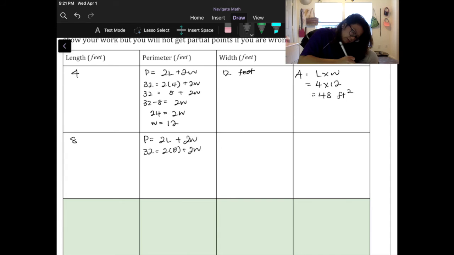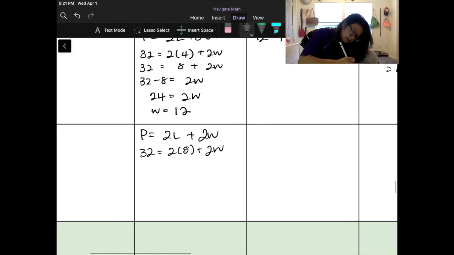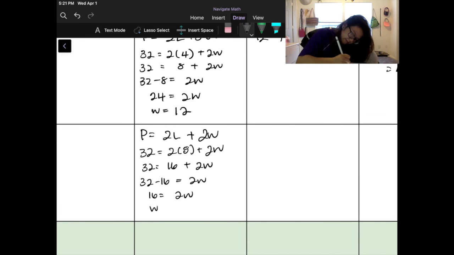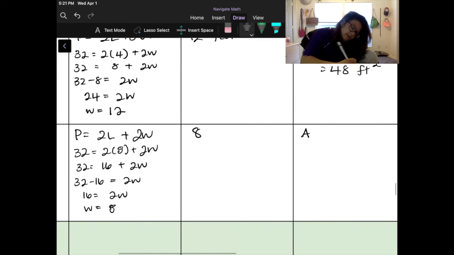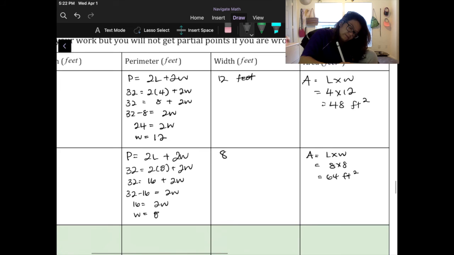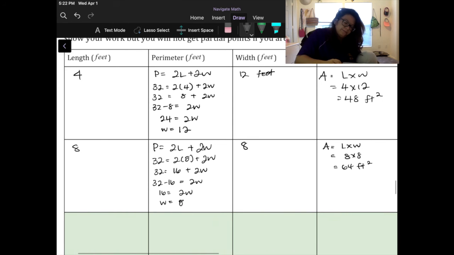The perimeter is 32. 2 times 8 plus 2 times W. So we have 32 equals 16 plus 2W, minus 16 on both sides. So I get 16 equals 2W, which means that my width needs to be 8. Area equals length times width, which means that we have 8 times 8, which is 64 feet squared.